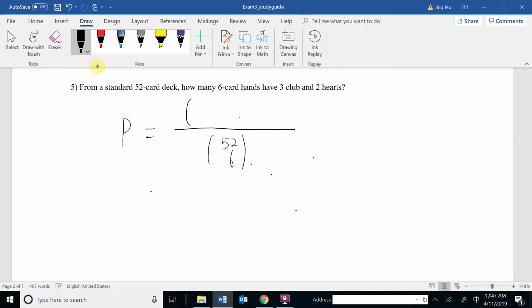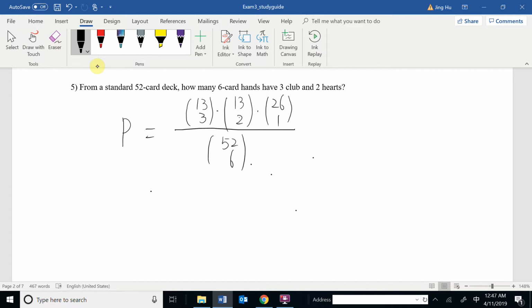The numerator is 13 clubs, get 3 clubs, times 13 hearts, get 2. Then the last card is from 26, because the last one can't be club, can't be heart.